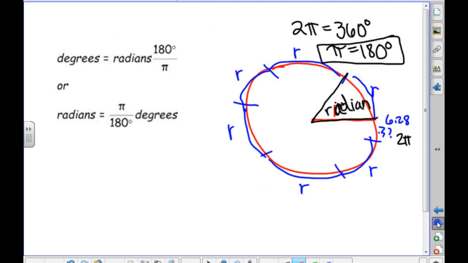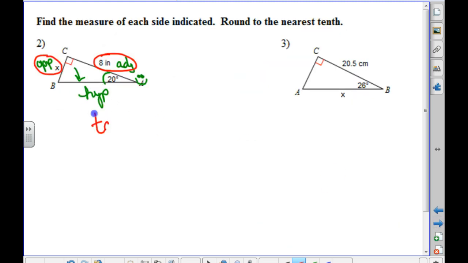So I need to put the tangent of 20 degrees equals opposite x over adjacent 8. I love proportions, my favorite things, cross, multiply, and divide, so I always put this over 1 and make it a proportion. So I'm just doing 8 times the tangent of 20.